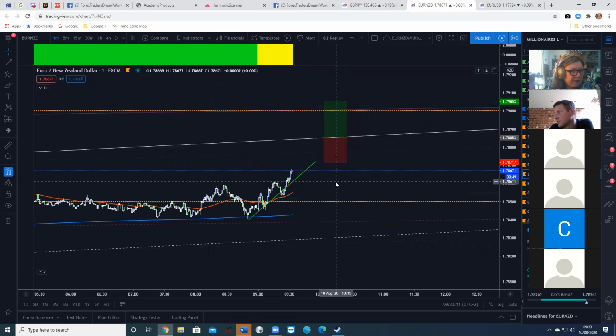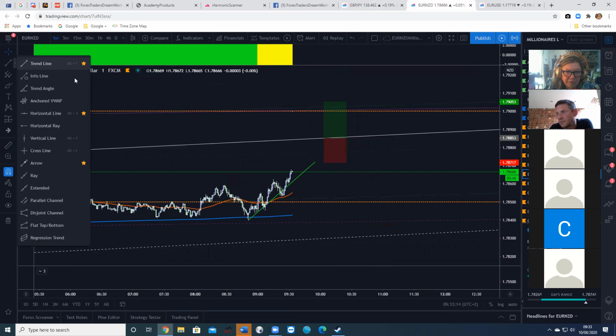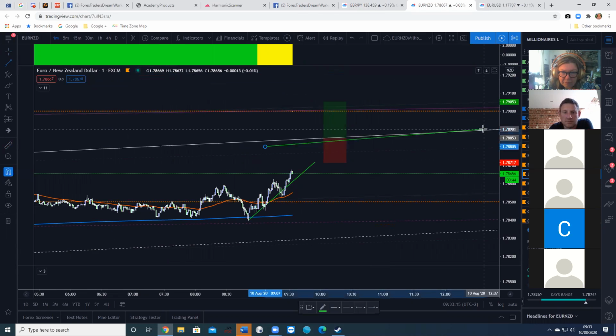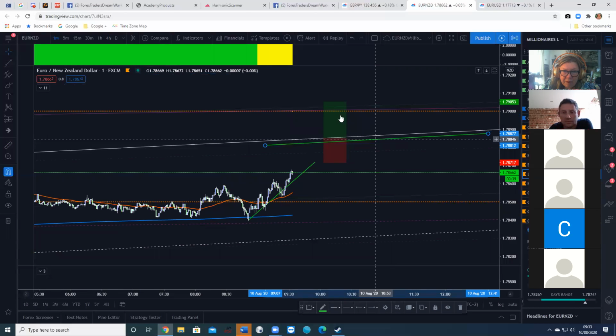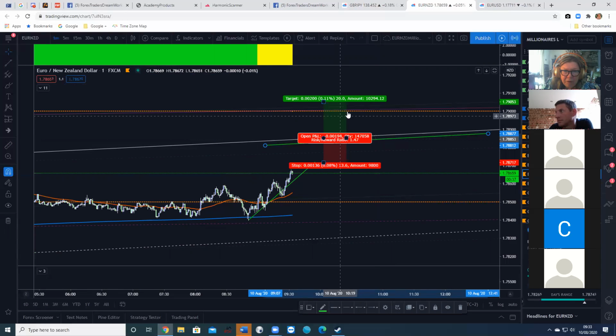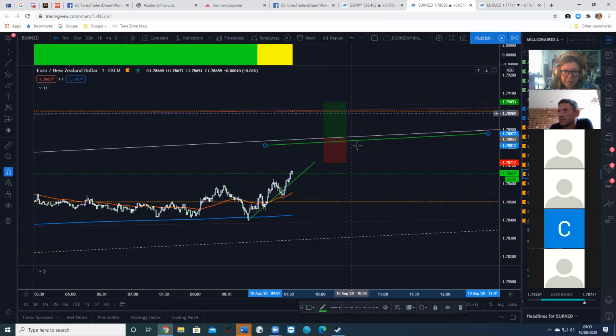Euro NZD, I was just going to put an alert along here. The only thing we don't like about it, it is a fast pair, is you have got quarter theory at about 15 to 17 pips above an entry point.